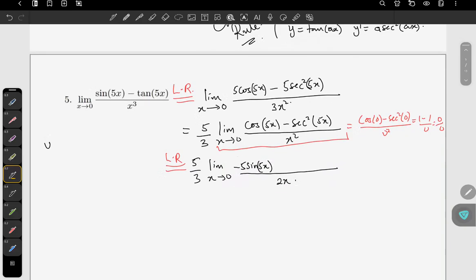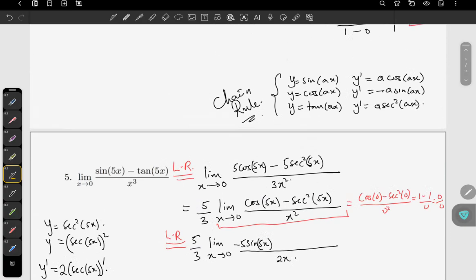Let's do it somewhere here. y equals sec squared 5x. This is the same thing as sec 5x raised to power 2. So using chain rule, y prime equals 2 sec 5x raised to power 1, then times, what's the derivative of sec 5x?